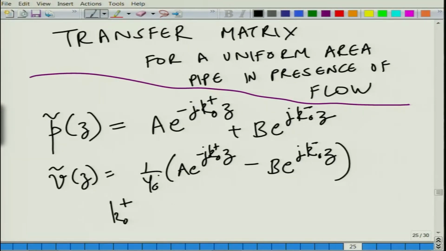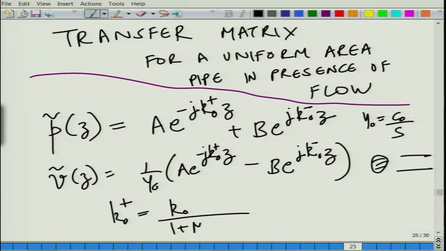There is no change: y naught is nothing but sound speed divided by cross section area of the duct, C naught by S, and K naught plus is nothing but wave number K naught into 1 plus m, K naught minus is K naught into 1 minus m naught.